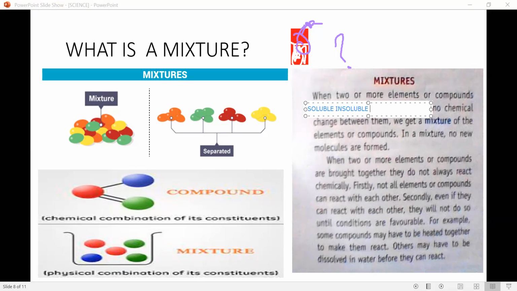And when we mix salt into the water, we cannot see it because it's soluble. And if we mix sand into water, will it be mixed? And will its color change from transparent to muddy? Yes, it would change. And the sand would settle down because it's an insoluble mixture.